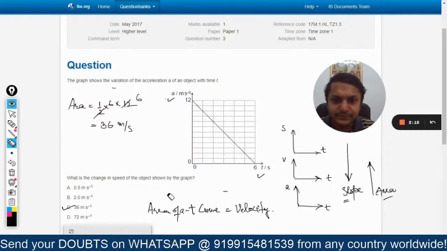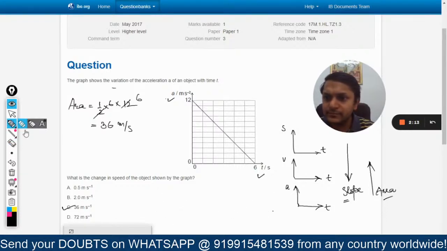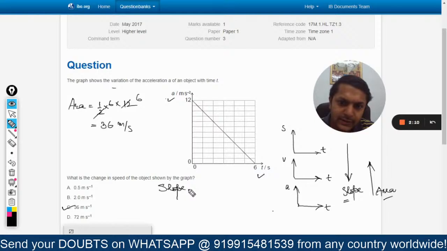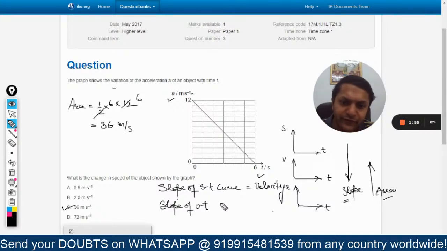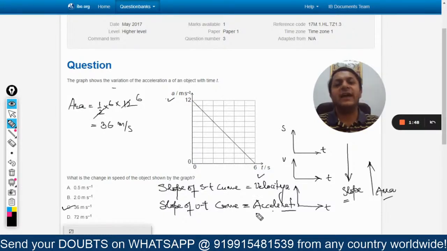Slope means that the slope of the ST curve, now we are moving downwards, will give you velocity, the instantaneous velocity at that time, and the slope of the VT curve will give you the instantaneous acceleration.